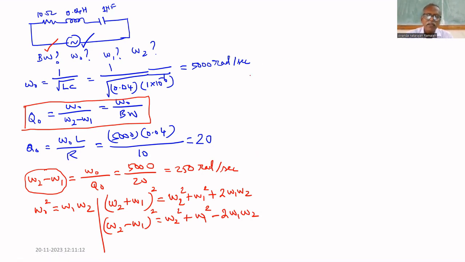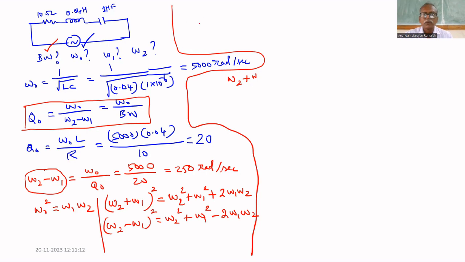If you equate these two, what is the difference? Omega 2 plus omega 1 whole square equal to omega 2 minus omega 1 whole square.